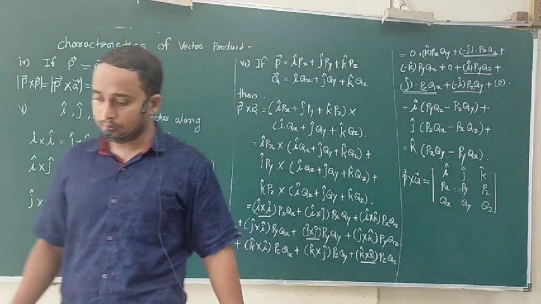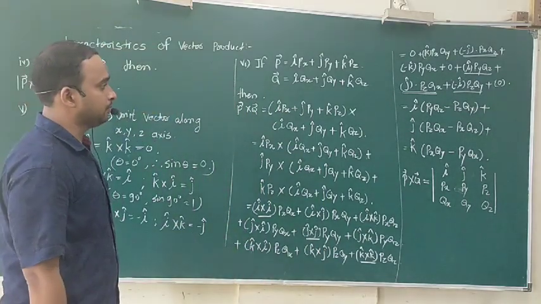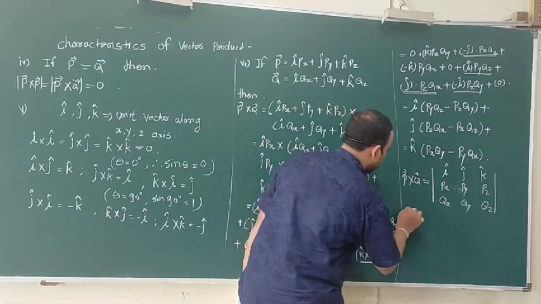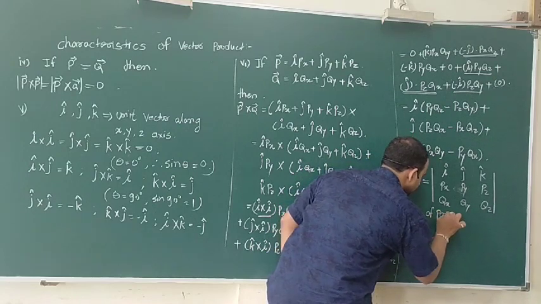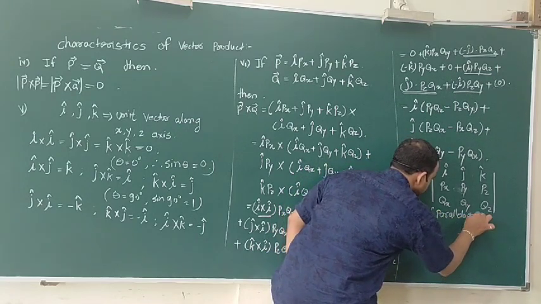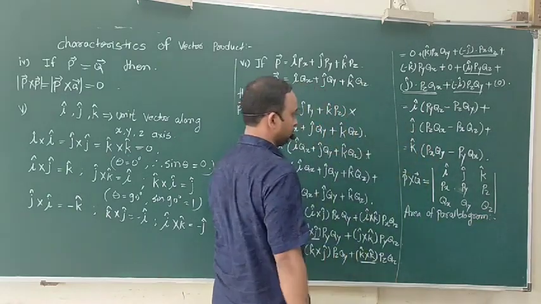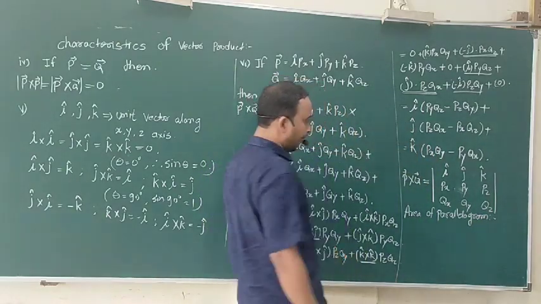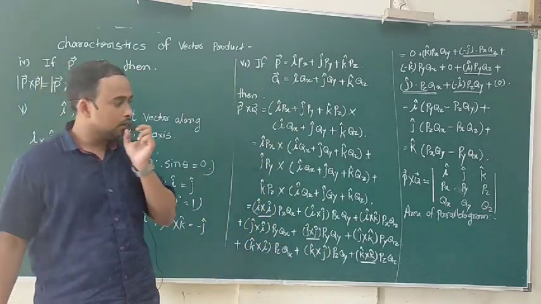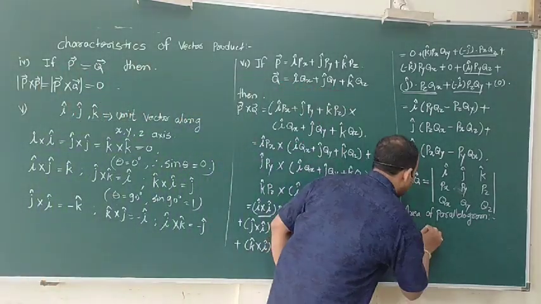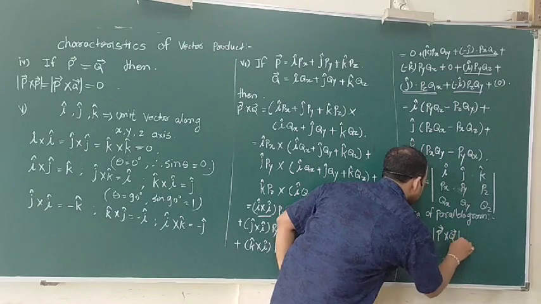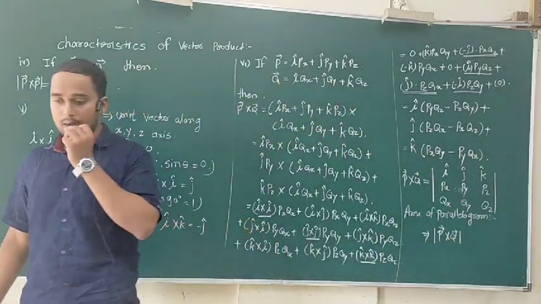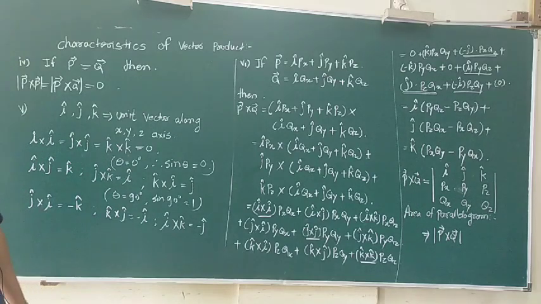Now the last property, that is area of parallelogram. The area of parallelogram can be calculated by the magnitude of p bar cross q bar.